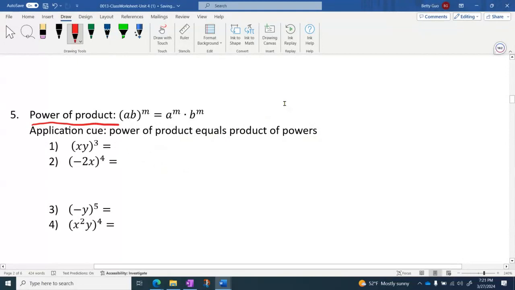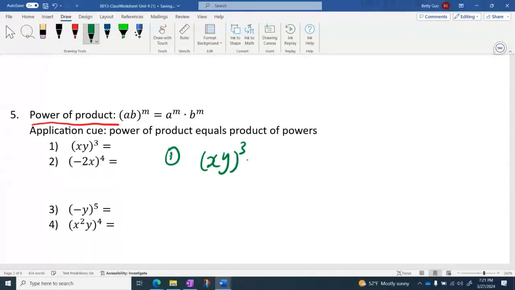Firstly, let's use a question to explain. Number 1, (x times y) to the power of 3. This is a power of a product. First, we need to agree on the structure of this expression.